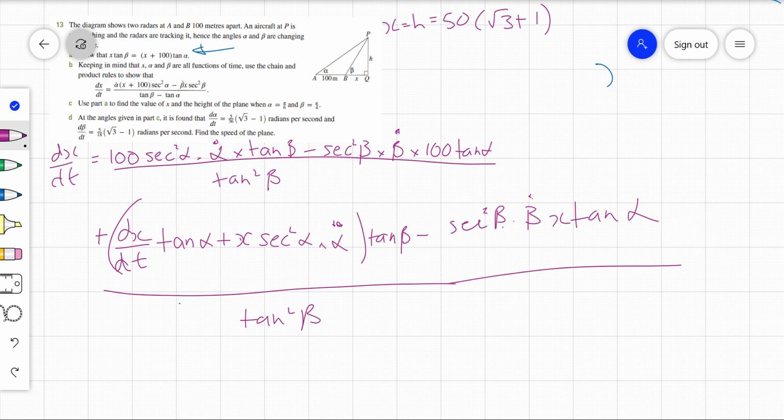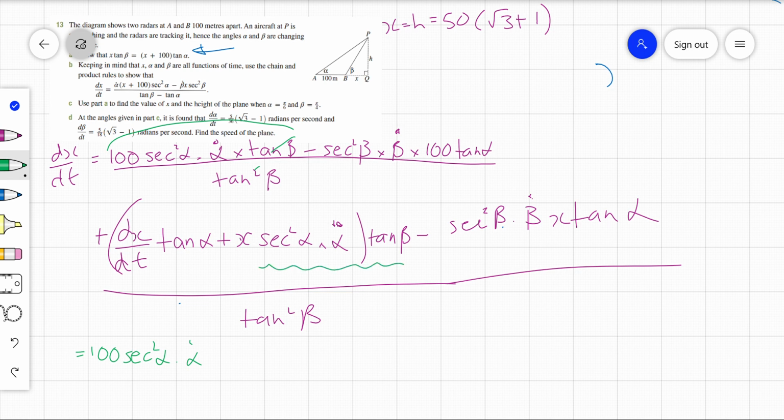Okay, so first of all, if I look at this first term, if I was just looking at this bit here, the tan would cancel, and you're just going to get 100 sec squared alpha times alpha dot, and same with sec squared alpha is this bit here.